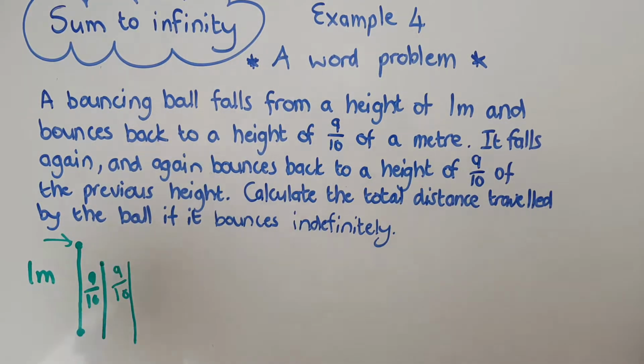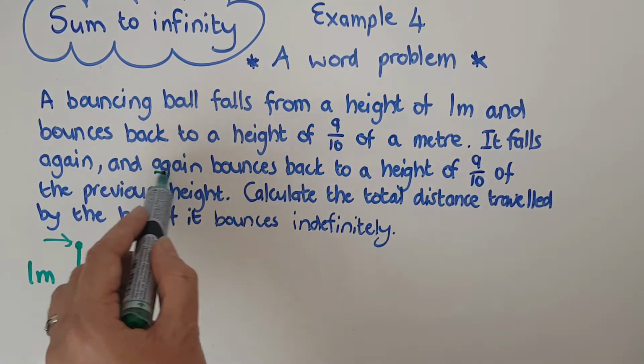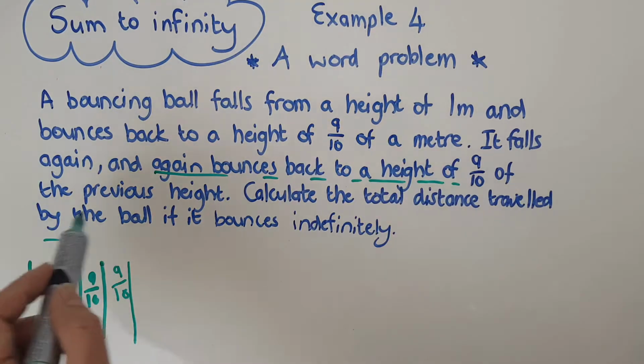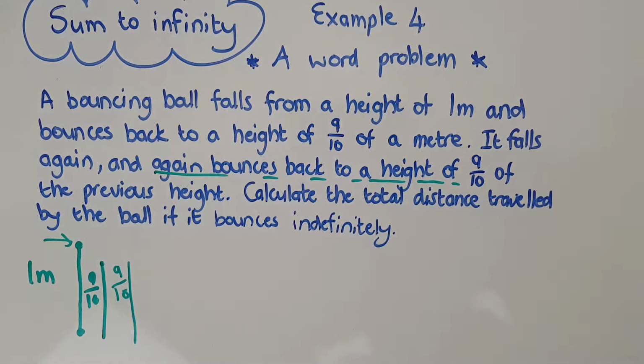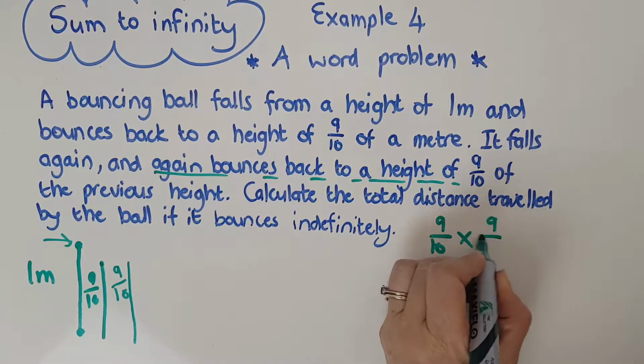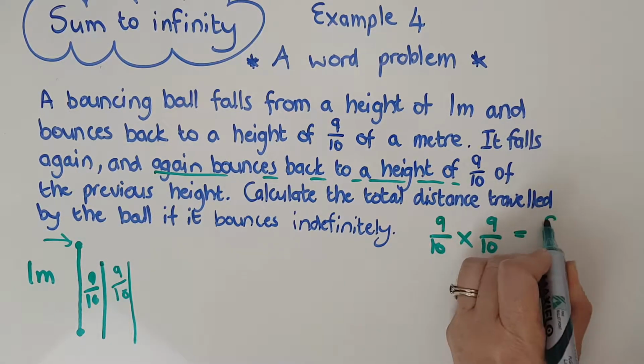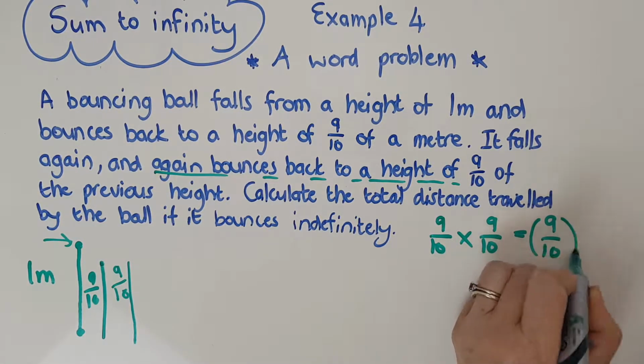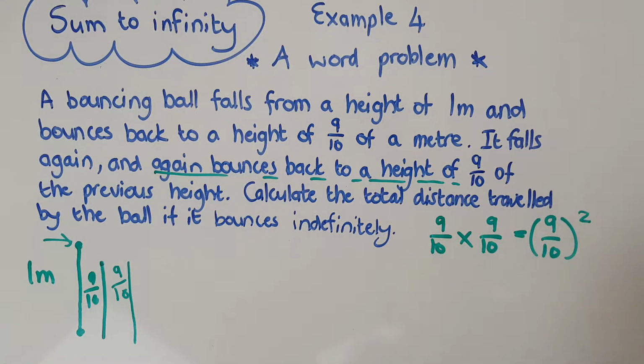So it falls again, so the 9/10 is done again, and again bounces back to a height of 9/10 of the previous height. I really want to know what that is. 9/10 of 9/10, right? So just a quick calculation on the side here. 9/10 of 9/10. Let me just write that as 9/10 squared.